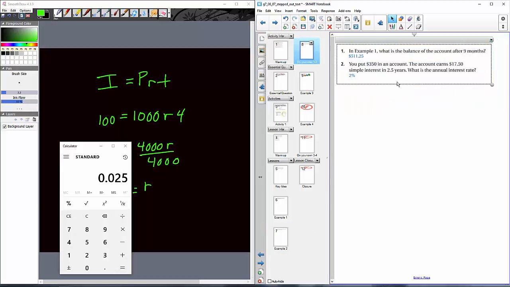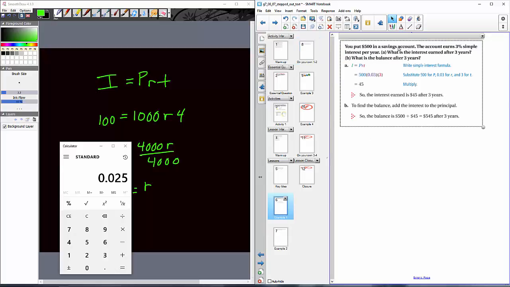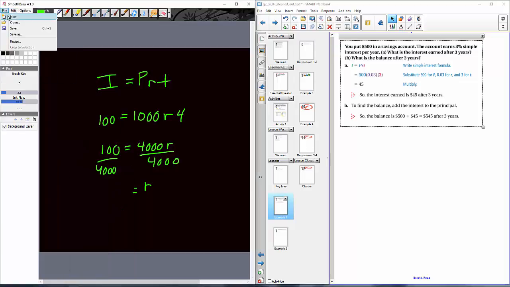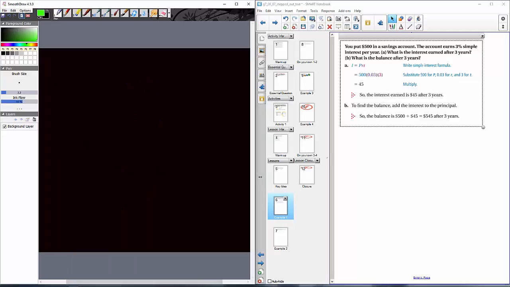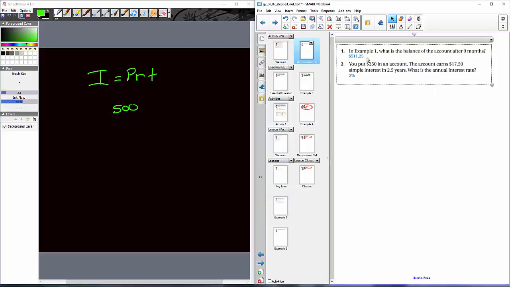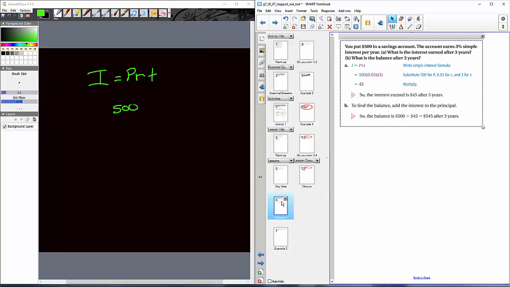All right. This next one here, it says after 9 months. So if I go back here, this is in years, right? So let's just go through and do this one, because this is really important. I had to do this one ahead of time to check it out. And again, I'm going to have my I equals P times RT. And this one says I have $500, but it says that I get 3% per year. And this question is calling for me to have 9 months, right? So let's go back here. It's 3% per year, so I'm going to figure out what it is per month.